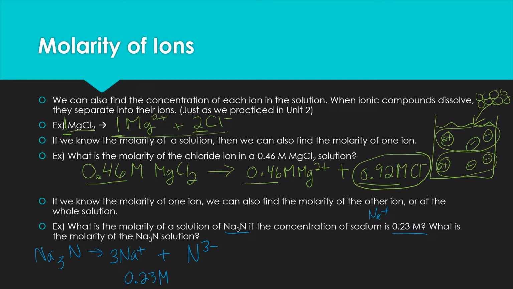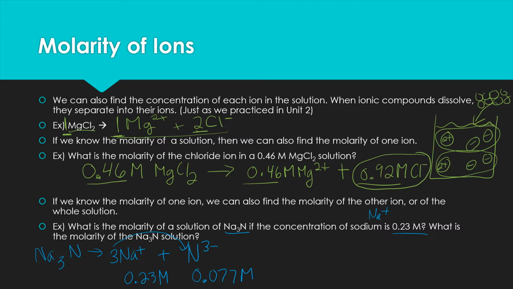So if I want to go from sodium to nitrogen, it's a 3 to 1 ratio. So there's 3 times as much sodium as there is nitrogen. So I'm going to take my concentration, 0.23, and I'm going to divide it by 3. And I get 0.077 molar.